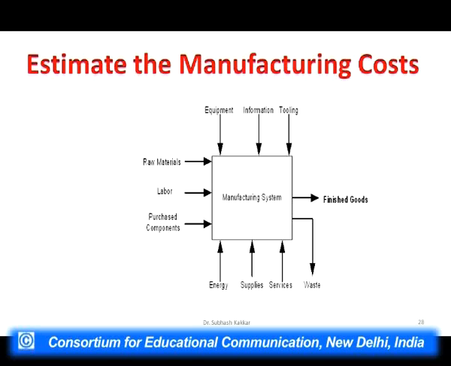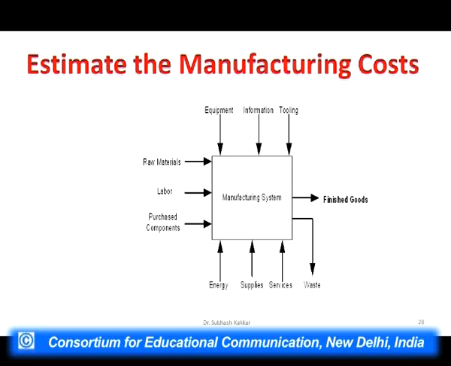On the left hand side, again we have shown three things: raw materials, labor and purchased components. Raw material, which is required to manufacture the product, manpower required to manufacture the product, sub-assemblies and the standardized parts which are required to manufacture the products.